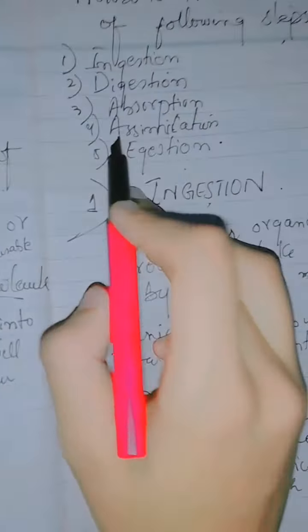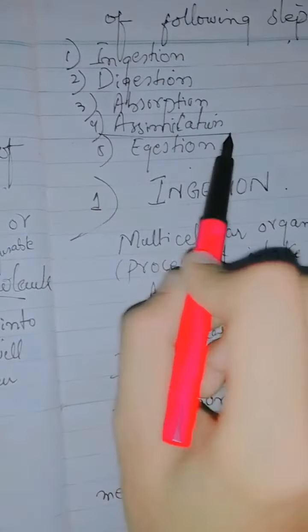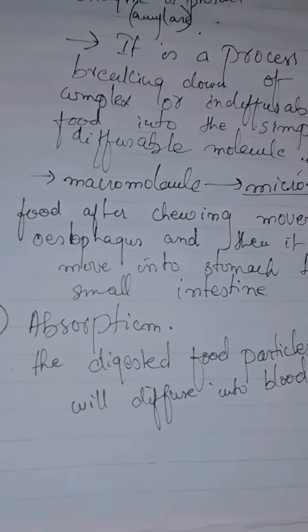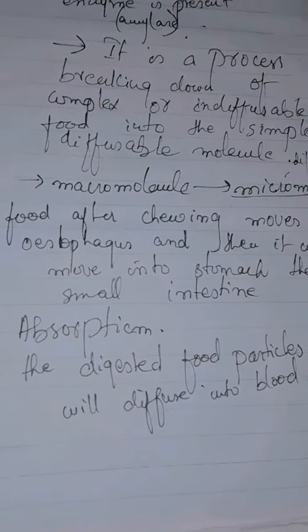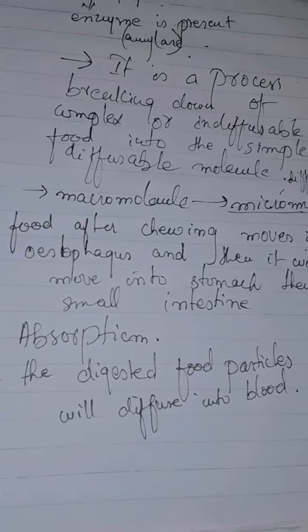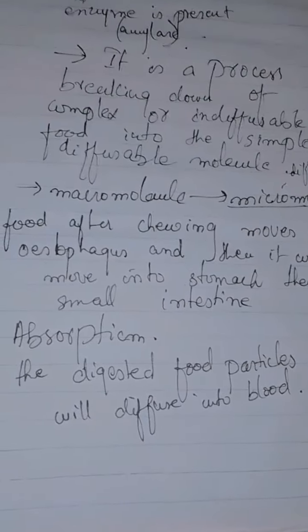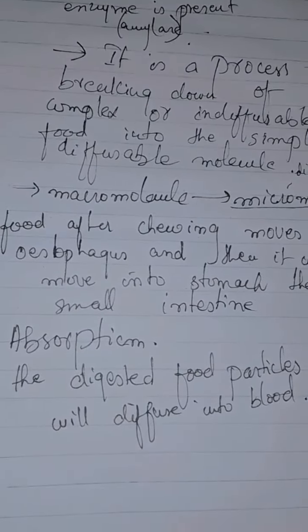Now the fourth step will occur, that is assimilation. As absorption has been done, the digested food particles have diffused, crossed the cell membrane, and moved into the blood. Now the assimilation occurs.